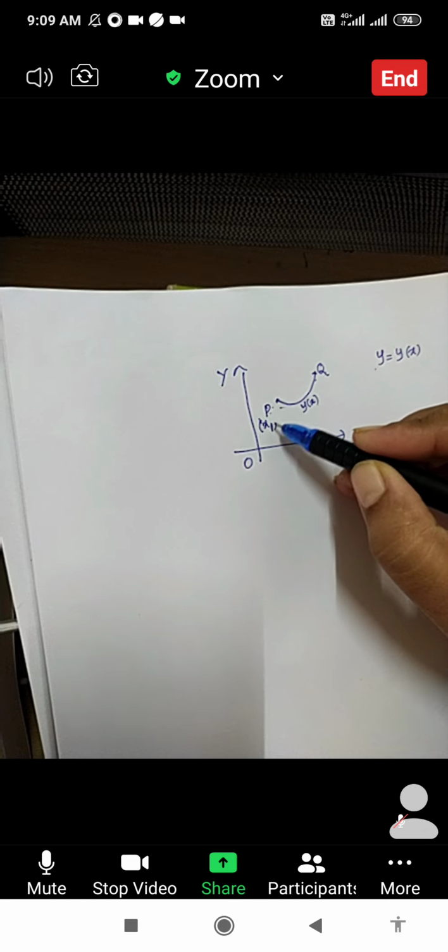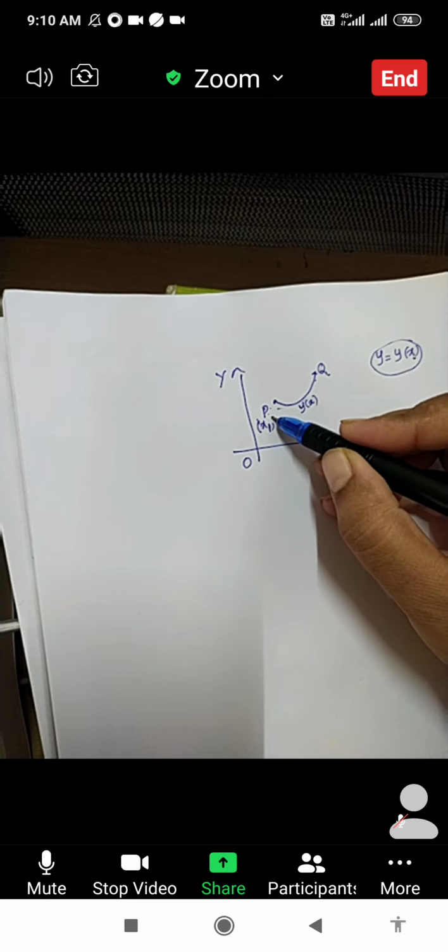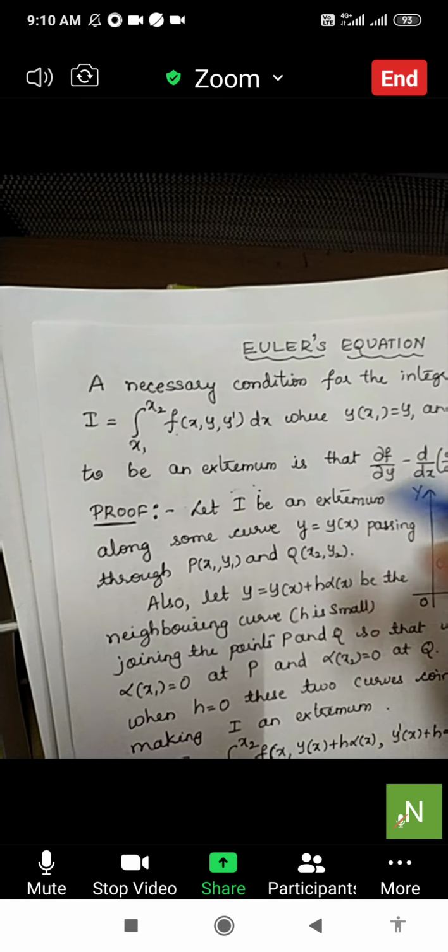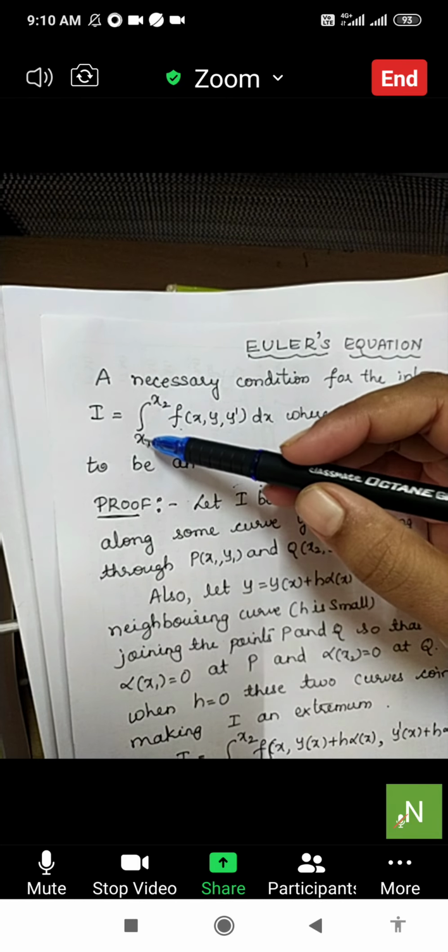Because the curve is a function of x, as x changes there is a change in y, so the y coordinate is y1. Why do we take only x1 and x2?